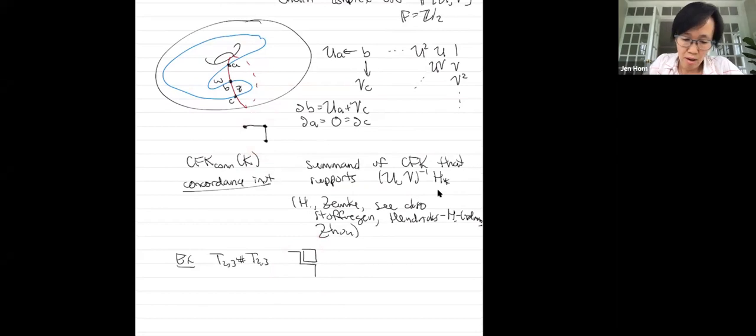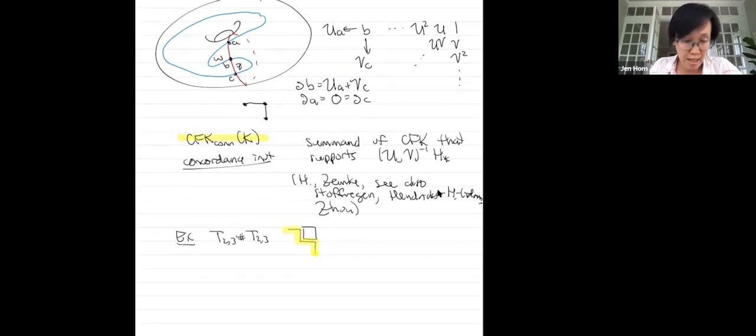Now if you want to see what CFK connected for this knot looks like, it's the part that supports the localized homology. So it's this zigzaggy part right here. That's CFK connected for the trefoil itself.